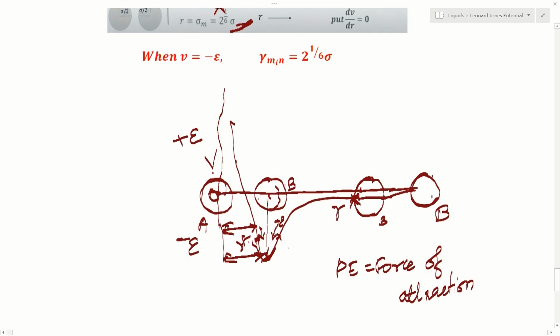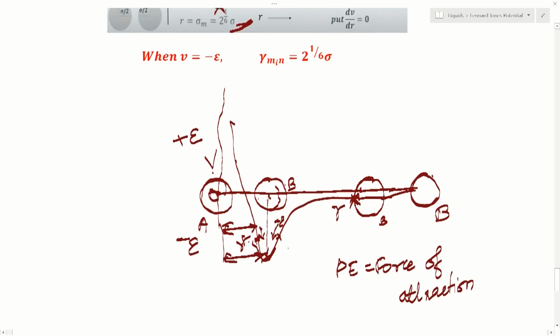At infinite distance there will be no force of attraction or repulsion, and the potential energy will be equal to 0. When the molecule comes closer, the value is increasing, so here we have the force of repulsion.